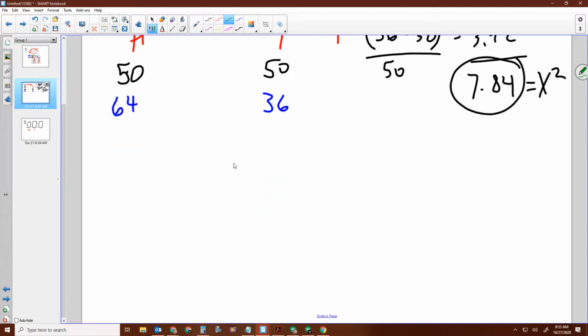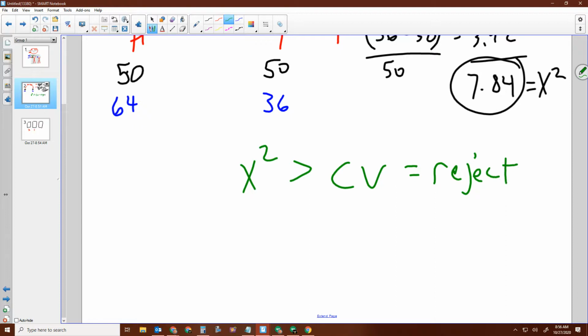If my chi-square value is greater than my critical value, then we reject the null hypothesis, which is saying this is not close enough to random for us to accept this.